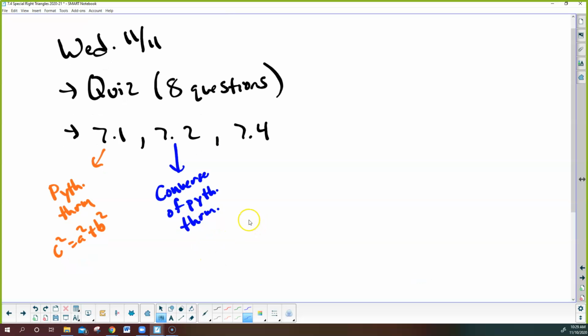This is the part I want to make sure you guys are aware of. If you understand that c squared equals a squared plus b squared, then we know for sure we have a right triangle.